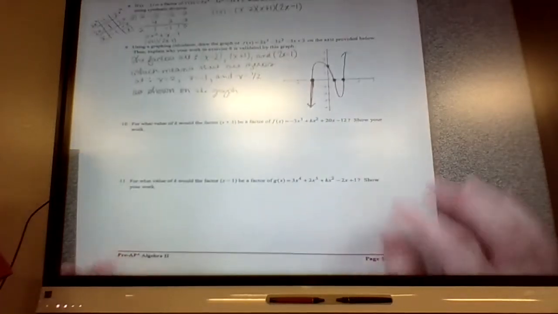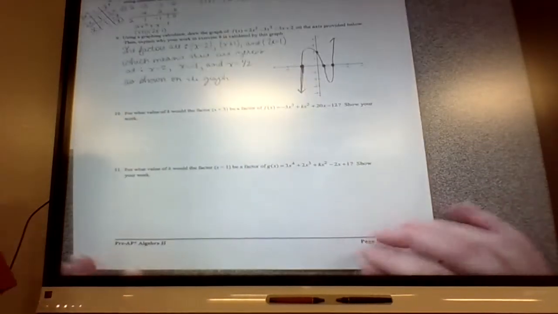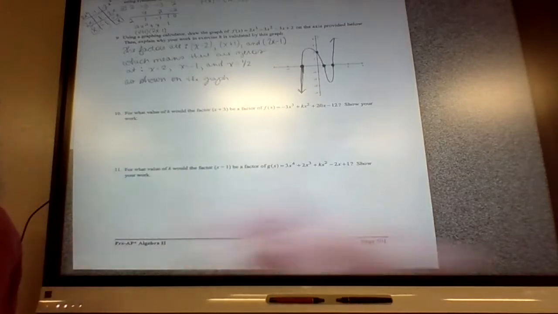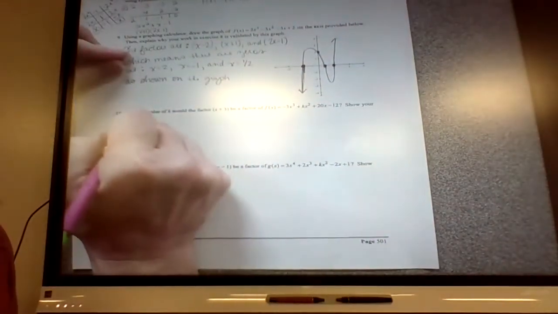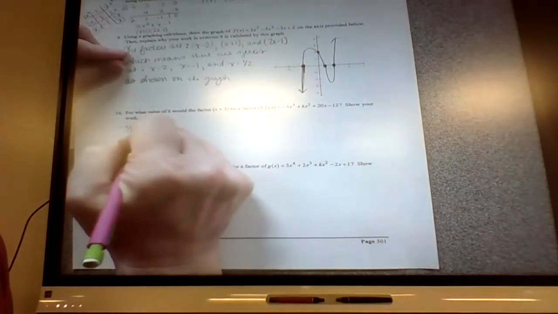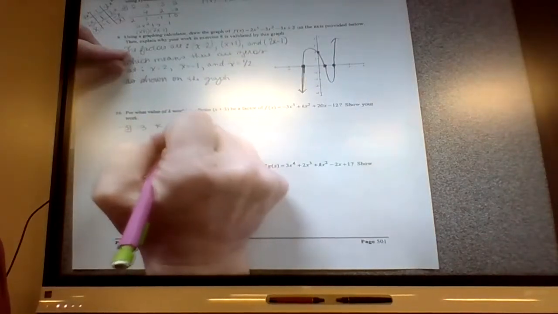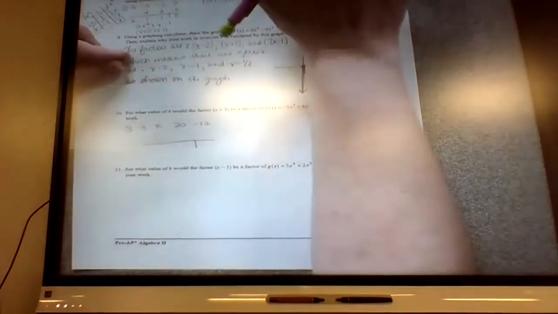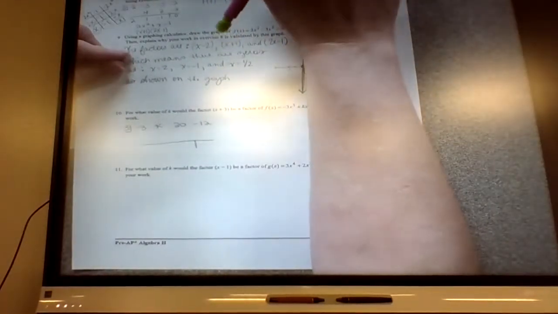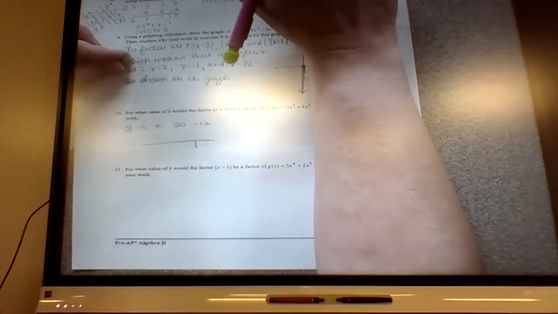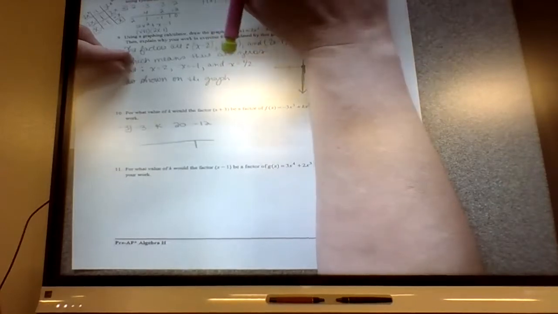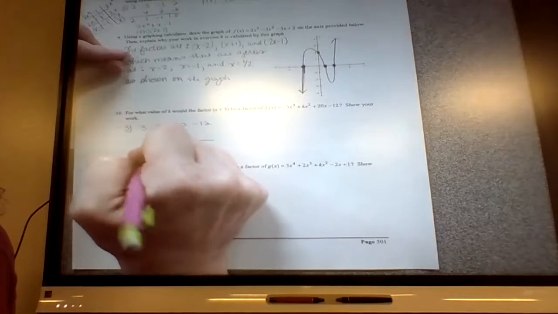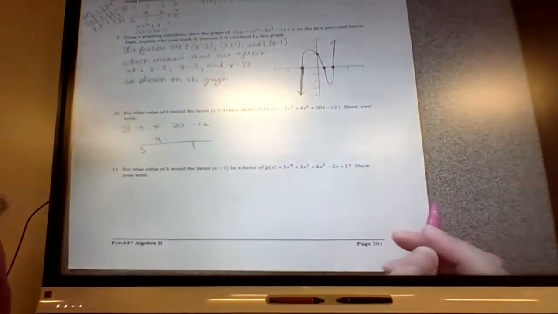All right, number 10, for what value of k? So I need to put -3 here. And then I'm going to have -3, k, 20, -12. Bring the -3 down, and then that's 9.